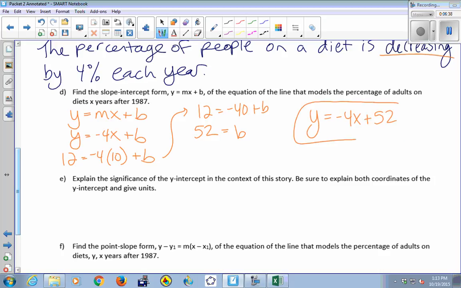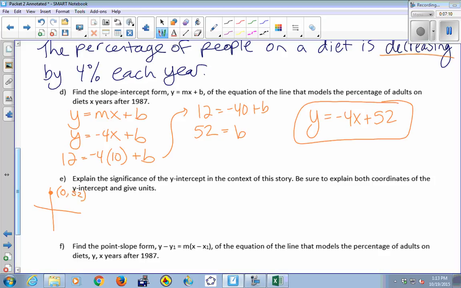All right, what is the significance of the y-intercept in the context of this story? Right, the y-intercept, what is the y-intercept? 0, 52. Thank you for giving me both coordinates. So 52 is the y-intercept, which means that's where it touches the y-axis, right? But that point has two coordinates, an x-coordinate of 0 and a y-coordinate of 52.